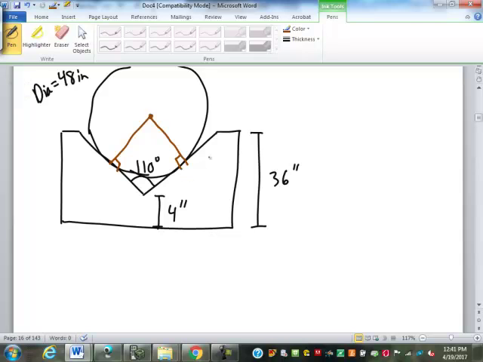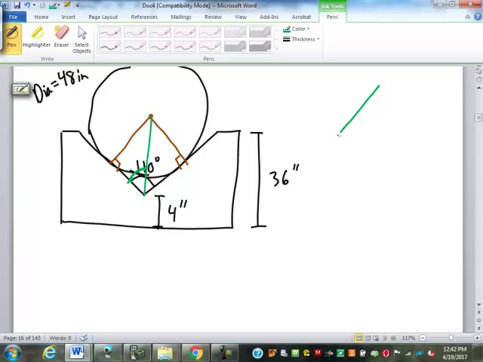Now, if my drawing wasn't horrible, these would be the same on both sides. This distance here and this distance here would be the same. In fact, we can cut it like this, right down the middle, and it cuts that exactly in half. So this angle here is going to be how much? 55, half of the 110.